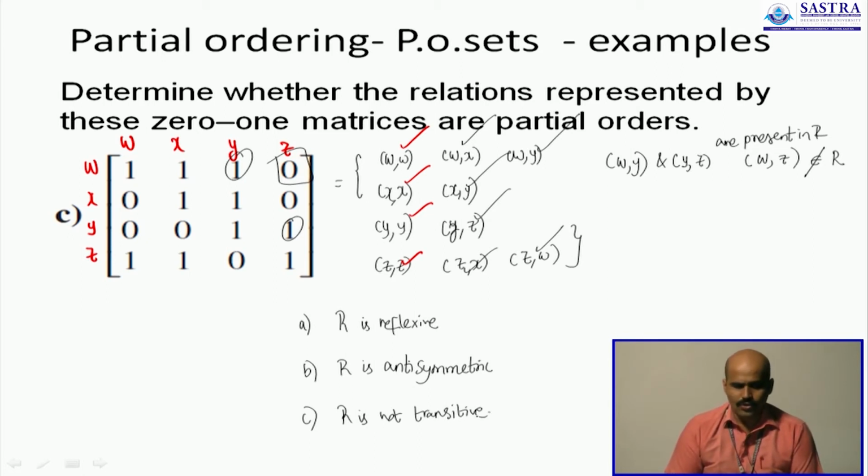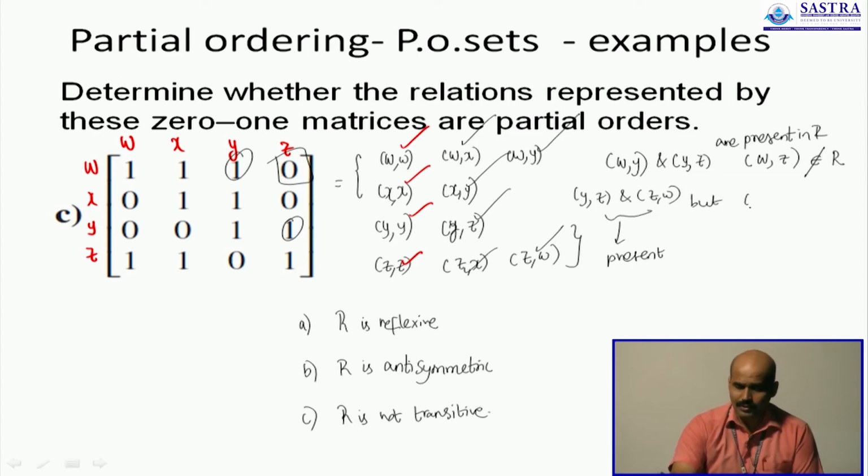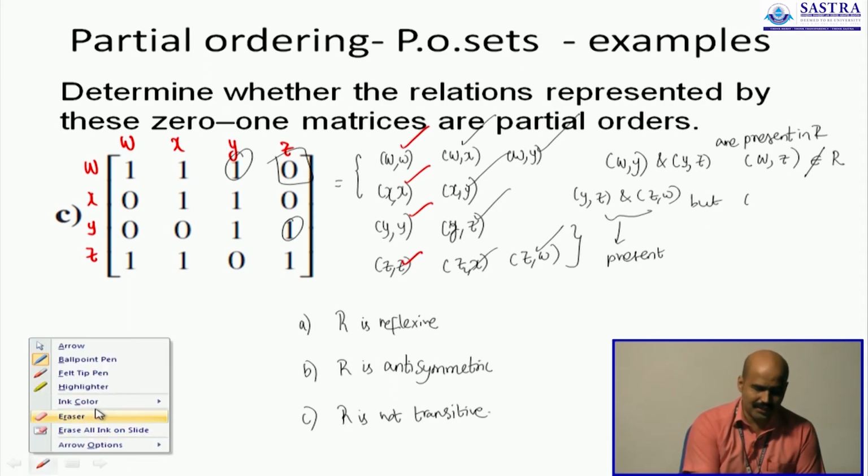Similarly, you can also see that YZ is present and ZW is present. Both these are present, YZ and ZW, but YW is absent.